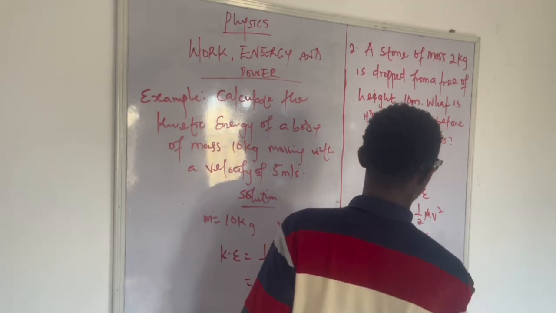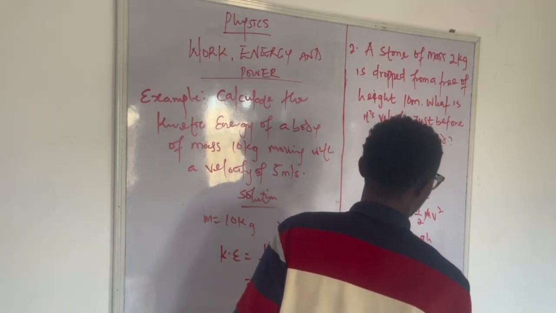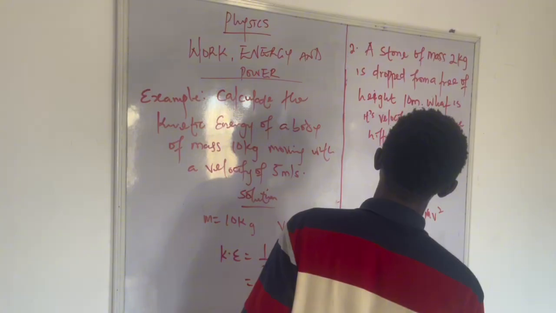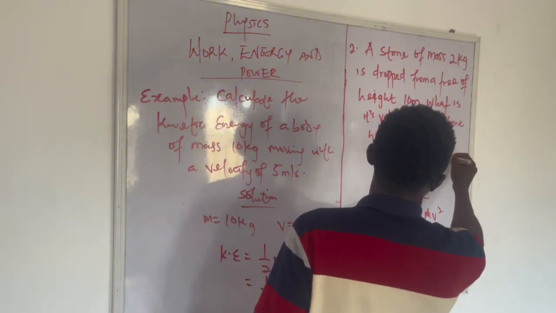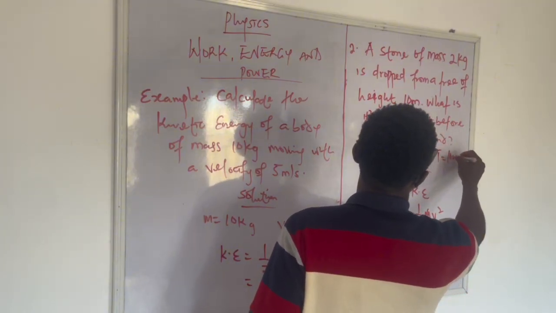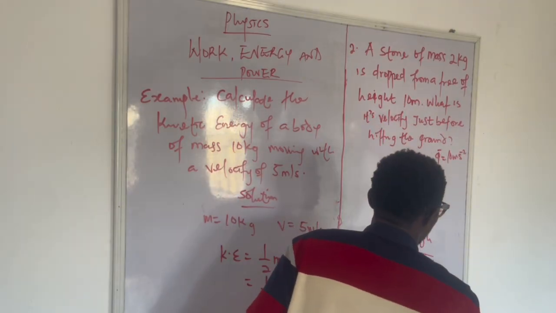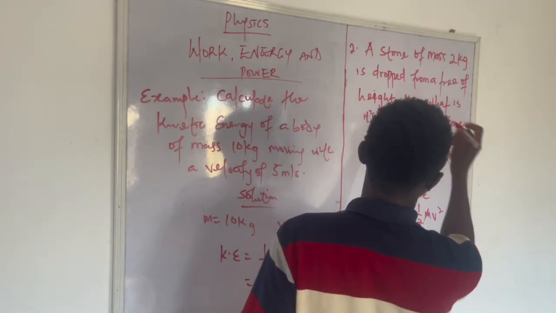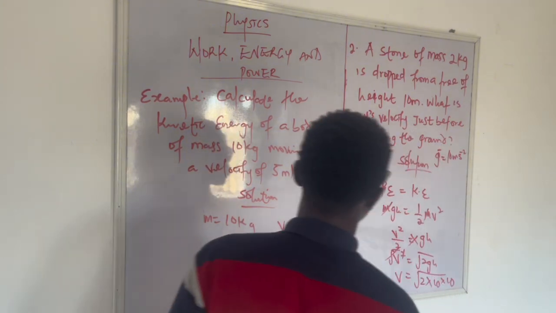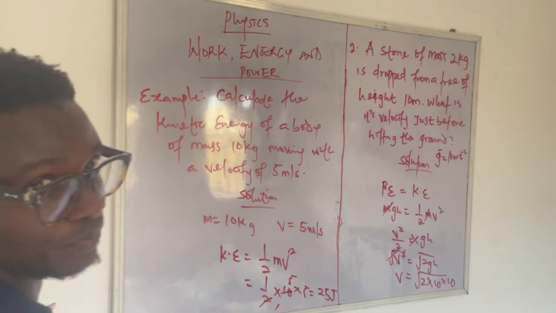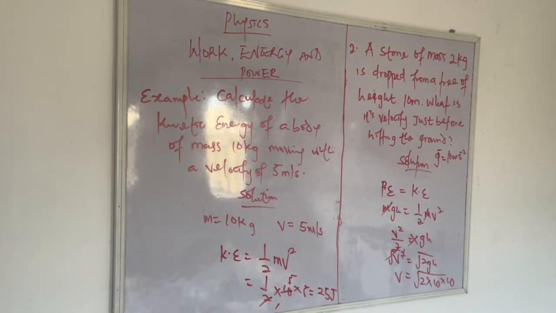So velocity equals to root of 2 times g, which is what? He said take g to be 10 meters per second square. So 10, and the height also is 10.